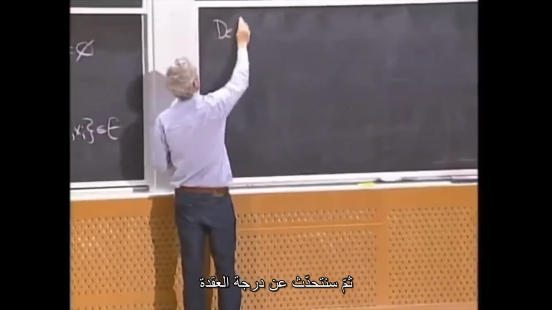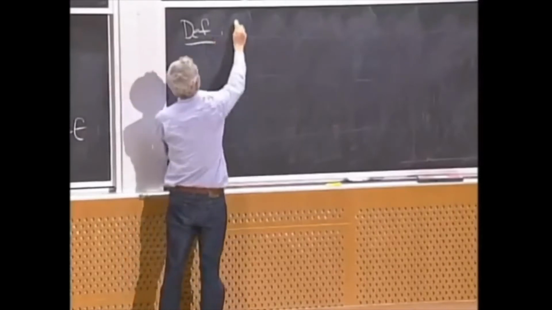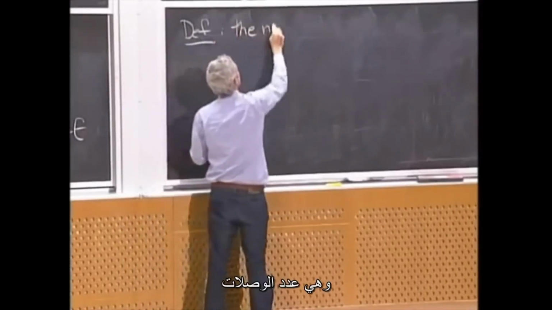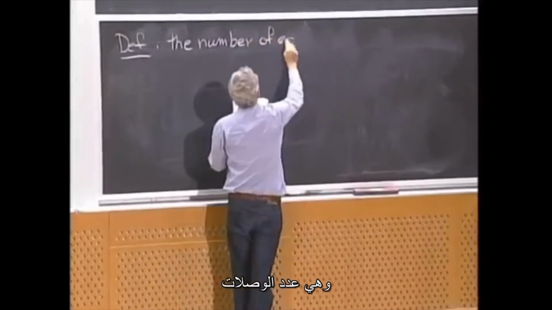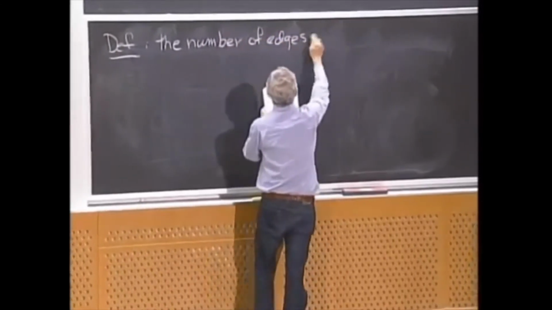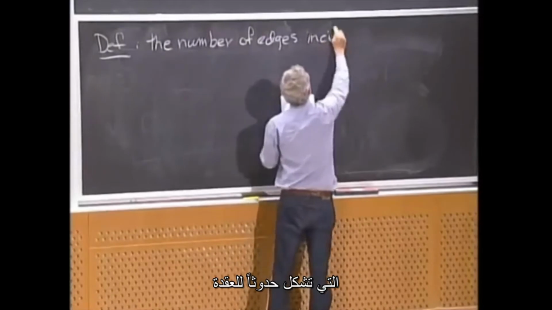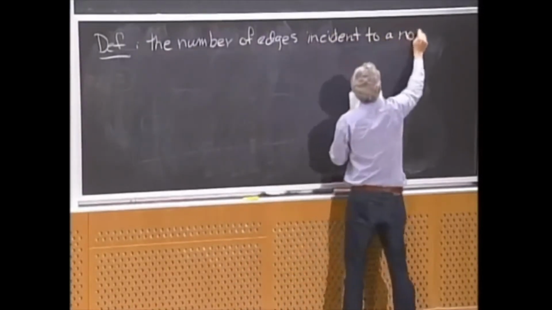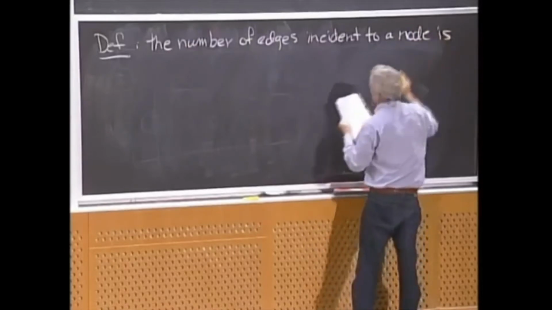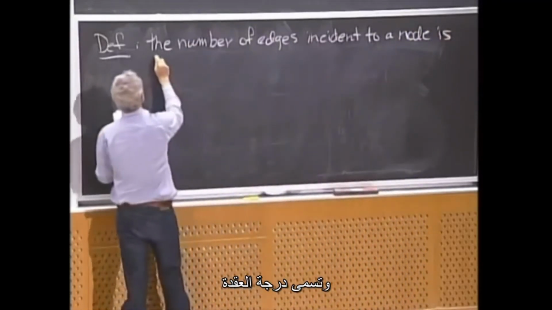Then we can talk about the degree of a node. The number of edges incident to a node is called the degree of the node.